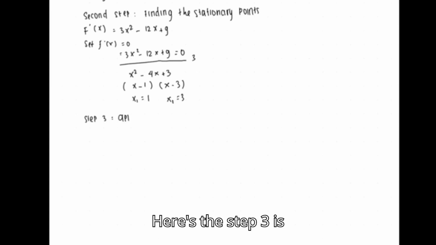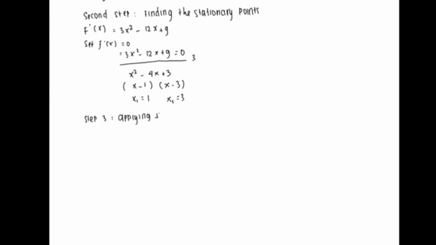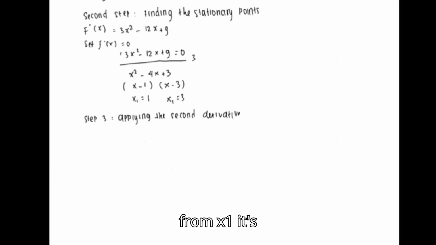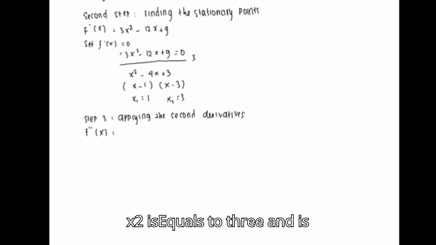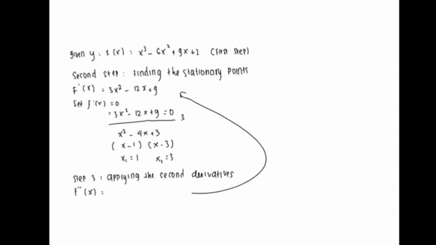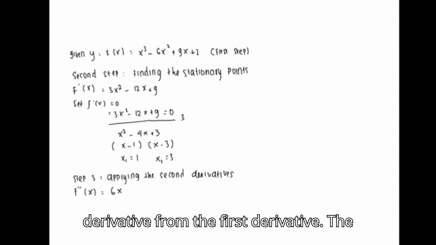Here's step 3, searching for the second derivative, which indicates a local maximum for x1 equal to 1, and for x2 equal to 3 indicates a local minimum point. You can see here we got the second derivative from the first derivative.